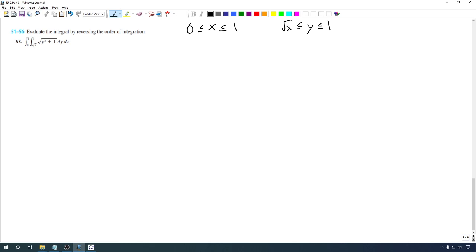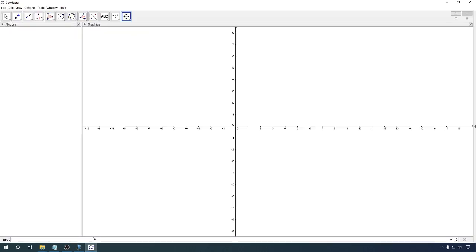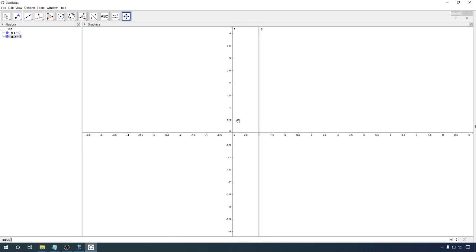And let's go ahead and plot all of that. Our x values are going to go from 0 to 1, so we're going to be between these two lines. Maybe we'll zoom in a little bit. Our bottom y value was y equals square root of x, so we get this curve.